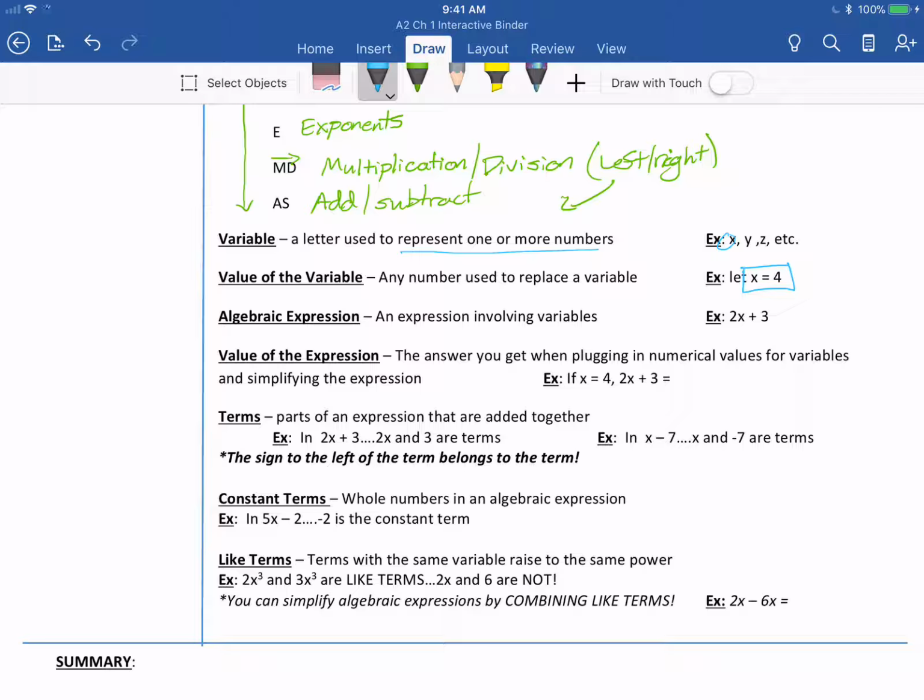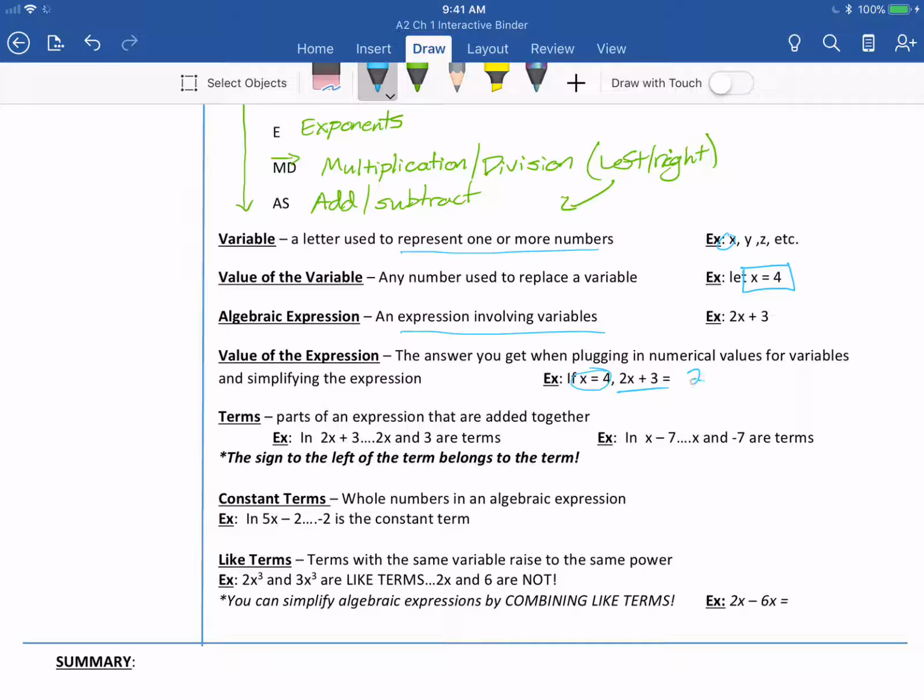An algebraic expression is an expression involving variables. It doesn't matter, it can be 4 variables, 5 variables, or 1 variable, it's an algebraic expression. The value of an expression is the answer when you plug in. So if x equals 4, what is the value of 2x plus 3?